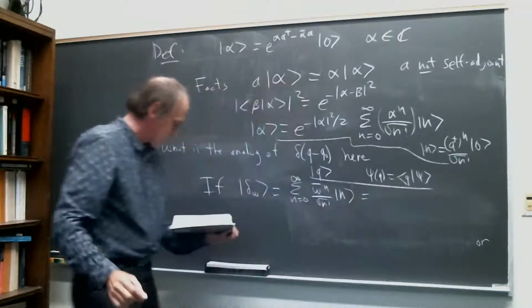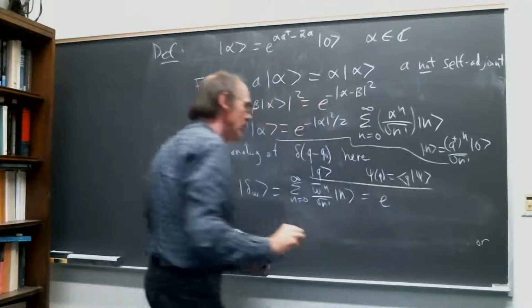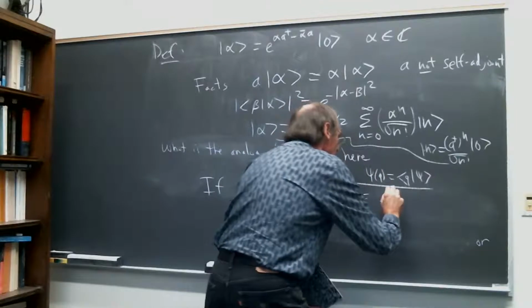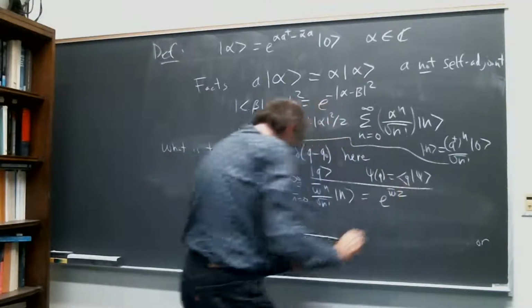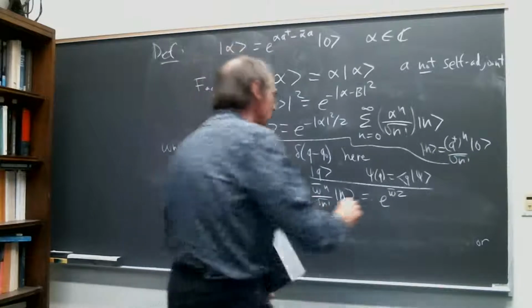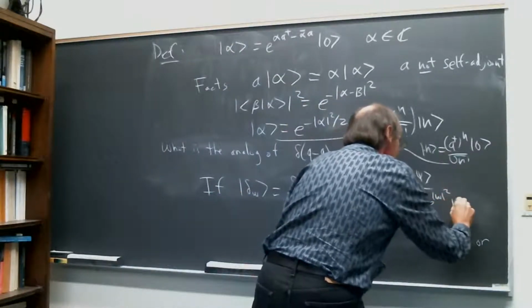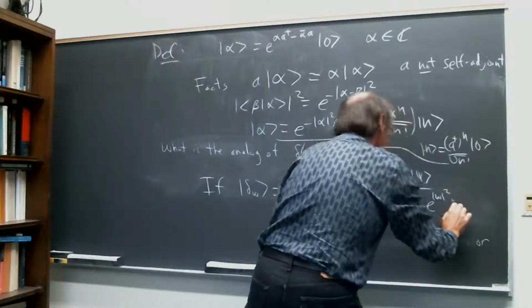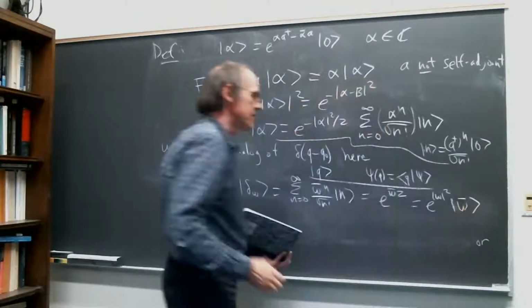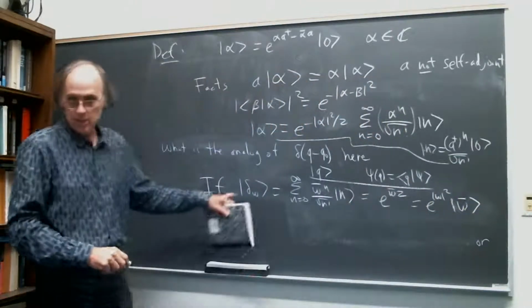In the Bargmann-Fock representation, it's going to be e to the W bar Z, and it's also e to the W squared times the coherent state. There are various ways of writing the same object down.